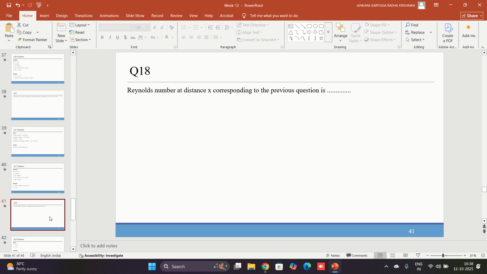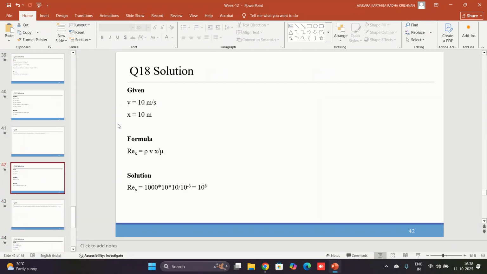Now moving on to question 18. The Reynolds number at a distance x corresponding to the previous question is dash. We are asked to find the Reynolds number at a distance x corresponding to the previous question. In the previous question it was water flow and we found x as 10 meters. So now we have to simply substitute it.